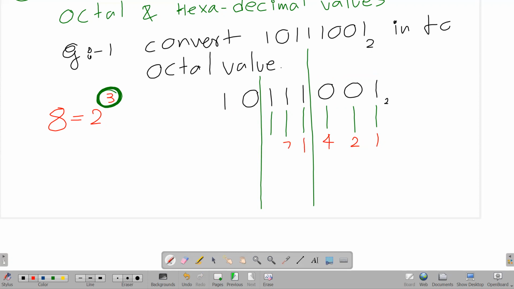Each group is going to receive the place values 1, 2, and 4. And in the last group, it is just 1 and 2 because there is no symbol for the place of 4th.